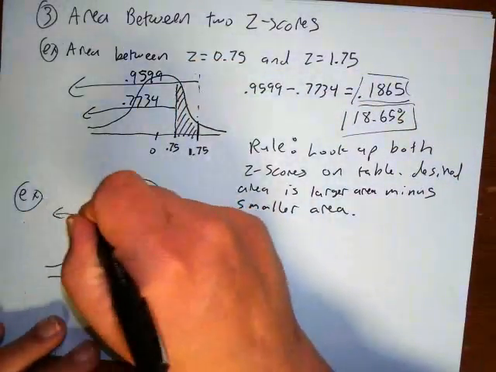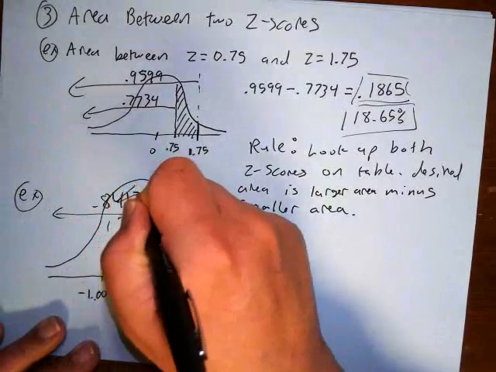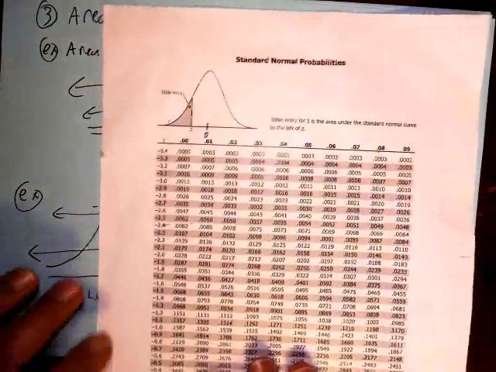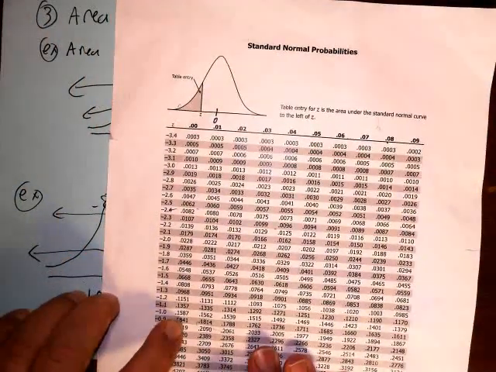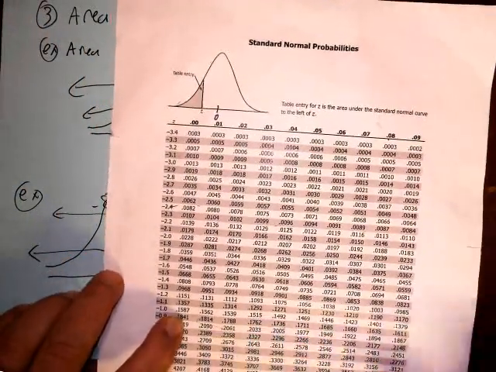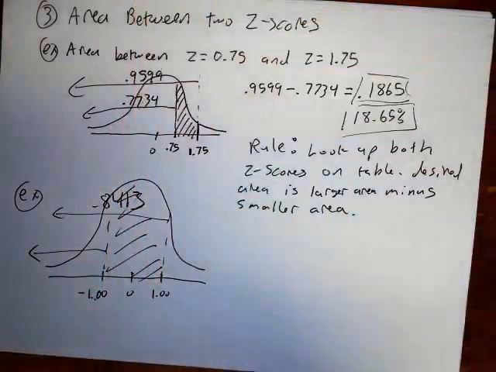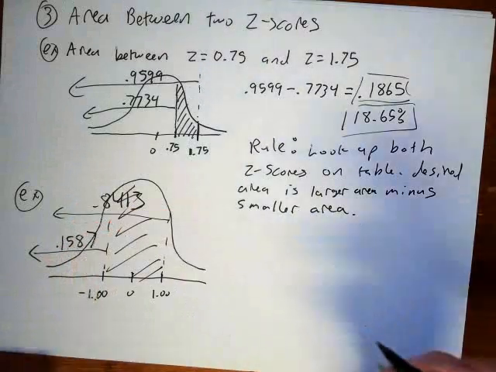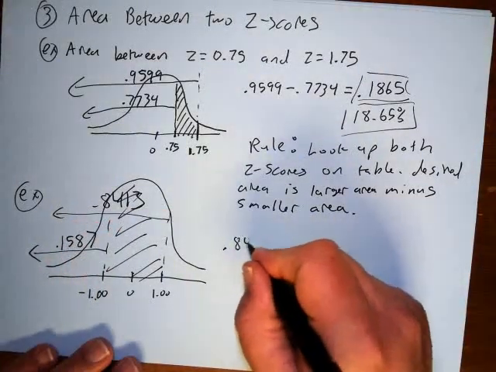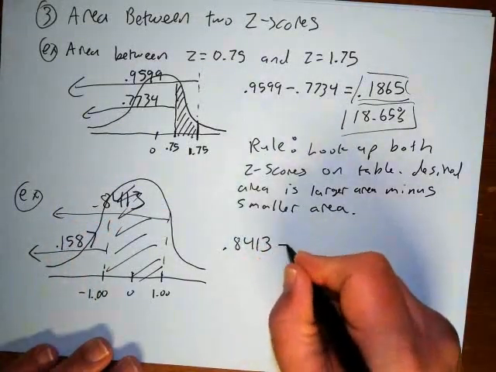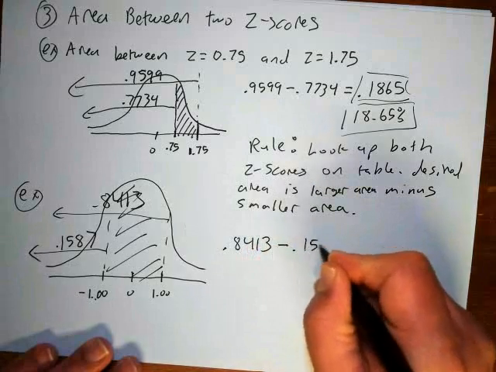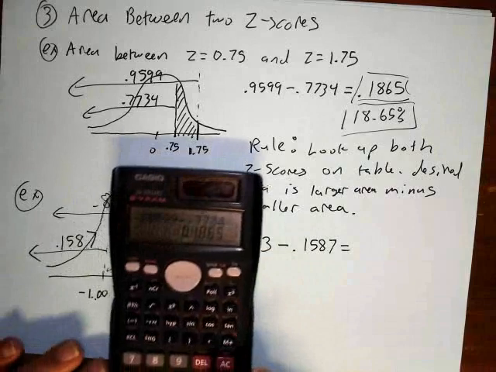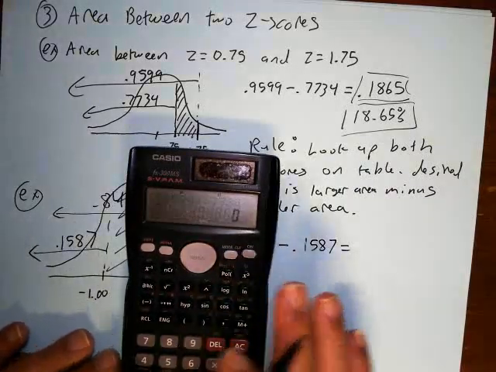So this area is 0.8413. And then the area for -1.0 is right here. And I get 0.1587. So I'm going to take 0.8413 minus 0.1587. And that's going to give me the area between these two.